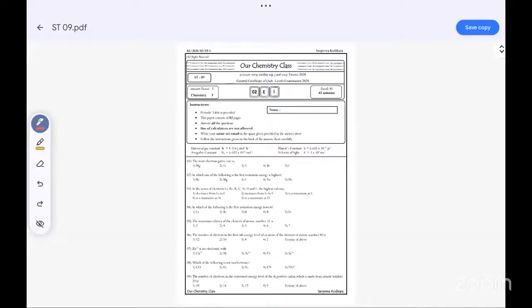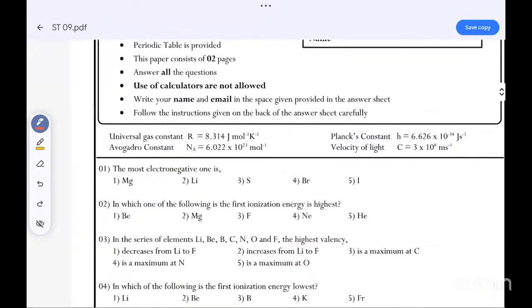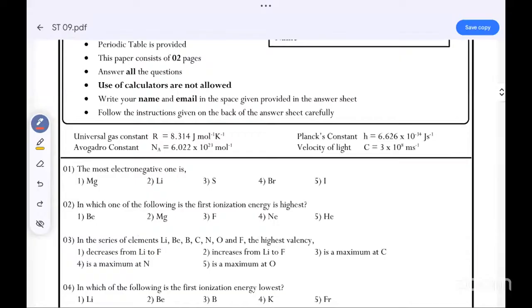Okay. This is our paper. If there are any questions, you can unmute and ask me. I have opened my chat window as well, so you can ask any questions via chat too.